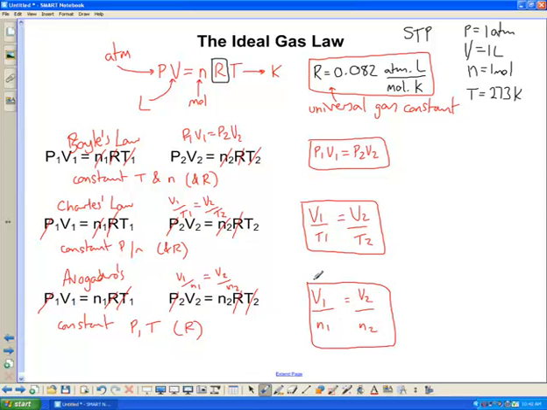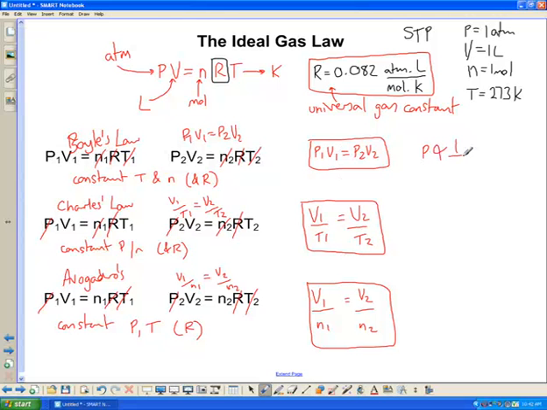So the point here is we've shown that we can get information for each simple gas law from the ideal gas law. The other way to look at it is if we cancel out up here the N, the R, and the T, we're left with pressure times volume equaling pressure times volume, which means they must be inversely proportional, which is exactly what we said before.